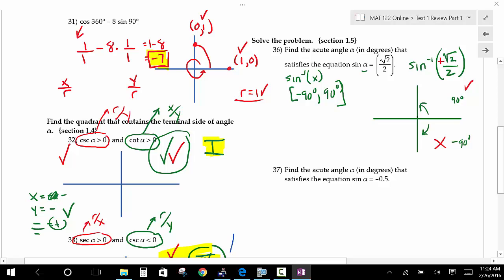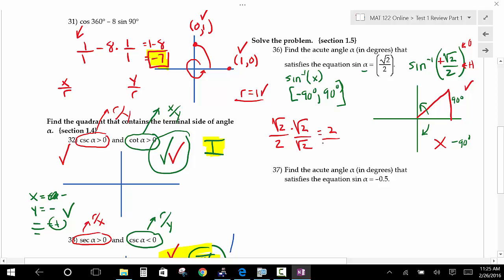So on this problem you could draw a reference triangle, and the sine is y over r. You could also think of it as opposite over hypotenuse. This one probably needs to be in a rationalized form to help you figure this out. We're not used to having a square root of 2 in the numerator, so I'm going to rationalize it like this.